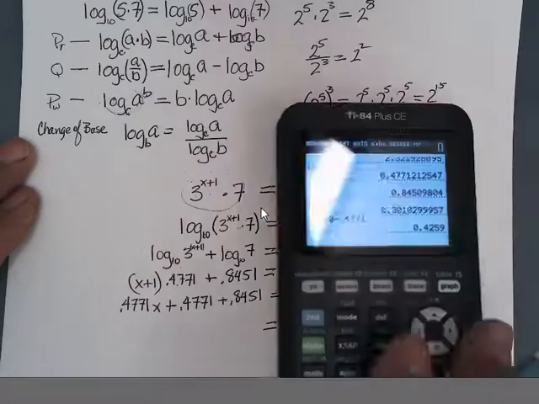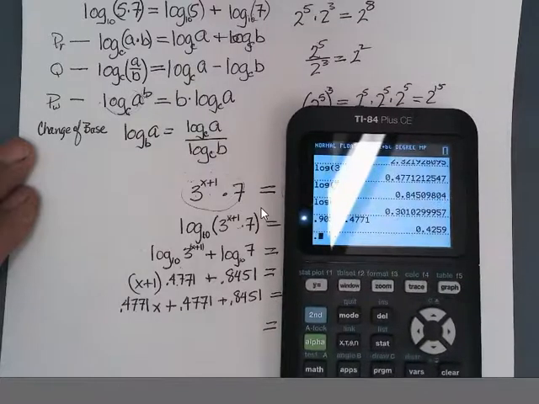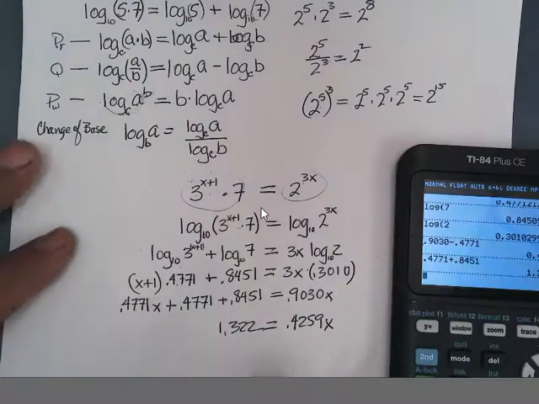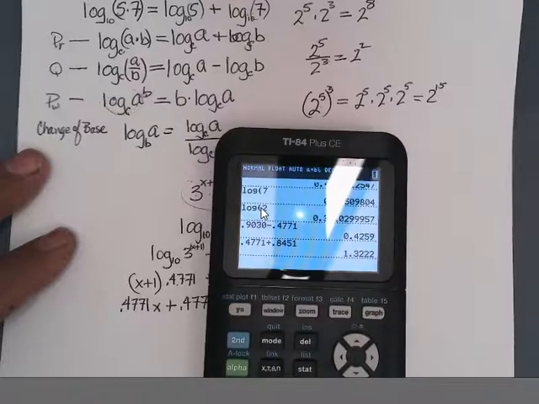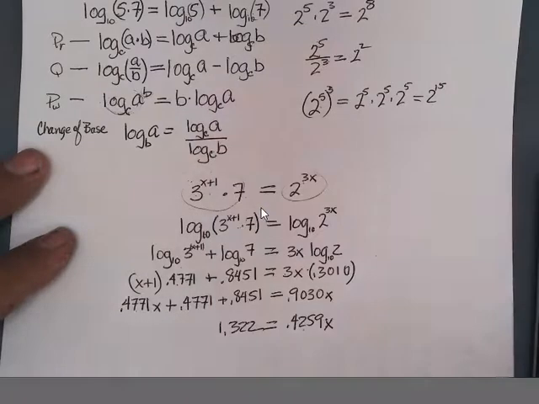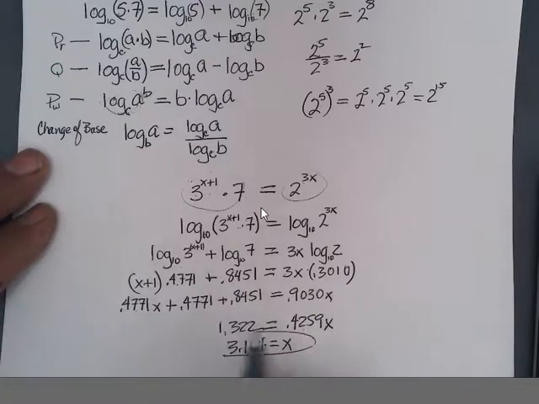Put these together, so that's 0.4771 plus 0.8451, and I get 1.3222, and now I'm going to divide both sides by that. Divide by 0.4259, and I get 3.104 is what x is.